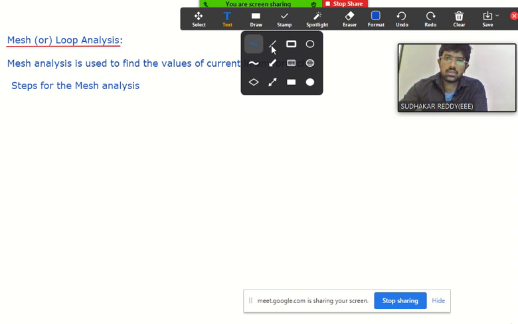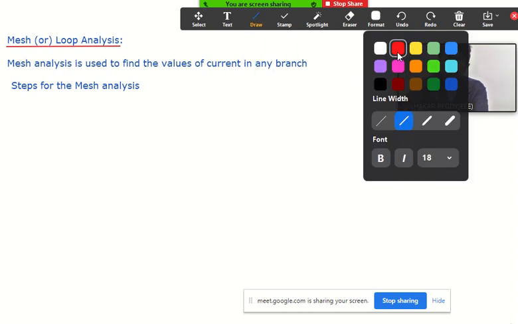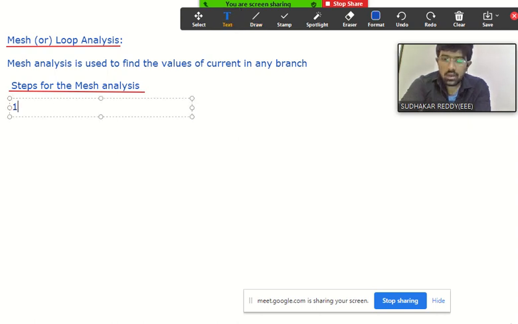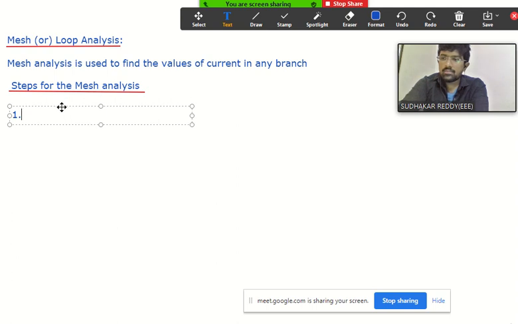So what are the different steps for the mesh analysis? What is the first step now? Good. Identify the number of meshes, or loops.